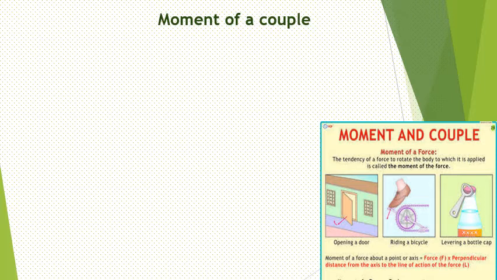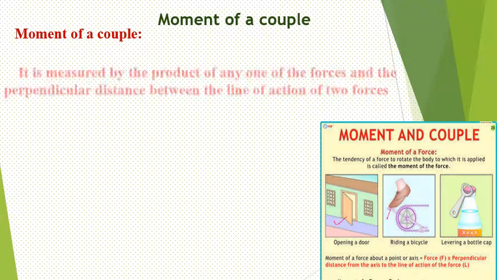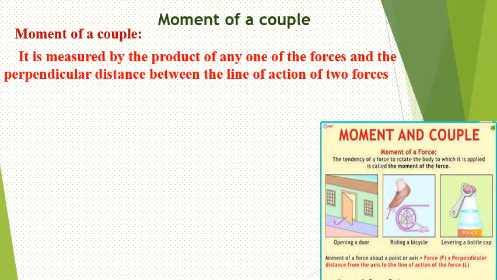What is the definition of moment of a couple? It is measured by the product of any one of the forces, since a couple means two forces, and the perpendicular distance between the lines of action of the two forces. It is the force that rotates the body on which it is applied.